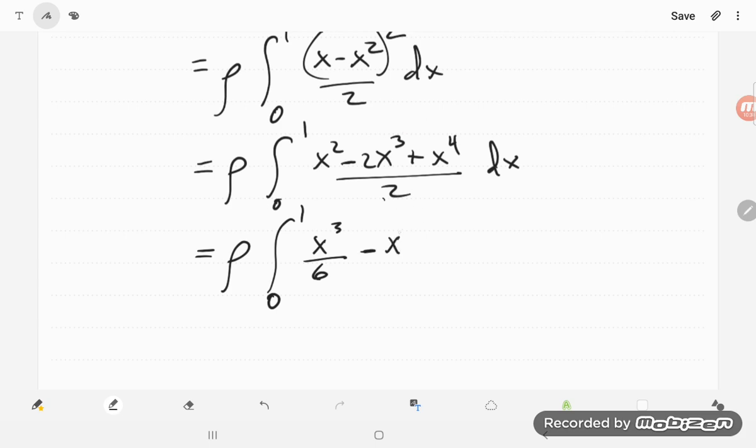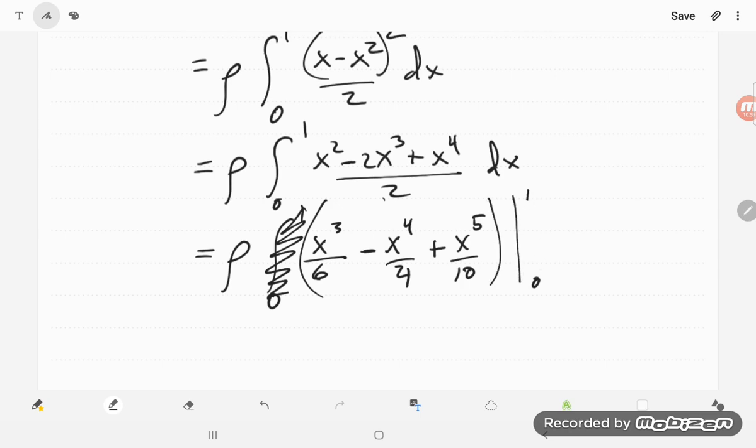So I have minus x to the fourth over 4. And then finally, I do have a 2 here, and I'll have a plus x to the fifth over 10. And that's from 0 to 1.